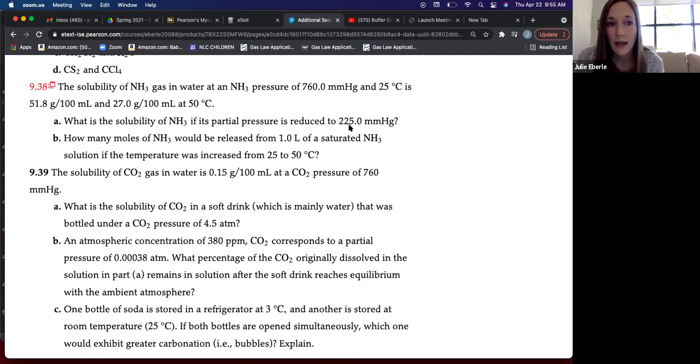Then they give you a C1 at 25 degrees Celsius that equals 51.8 grams per 100 mL. They give you another C1 at 50 degrees Celsius, equal to 27 grams per 100 mL.